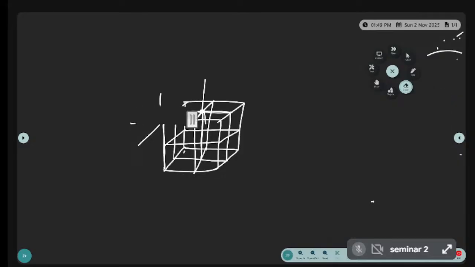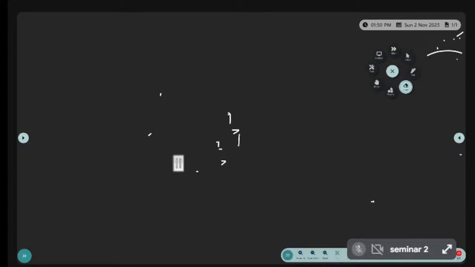How many atoms are there in the unit cell of simple cube, BCC, FCC?